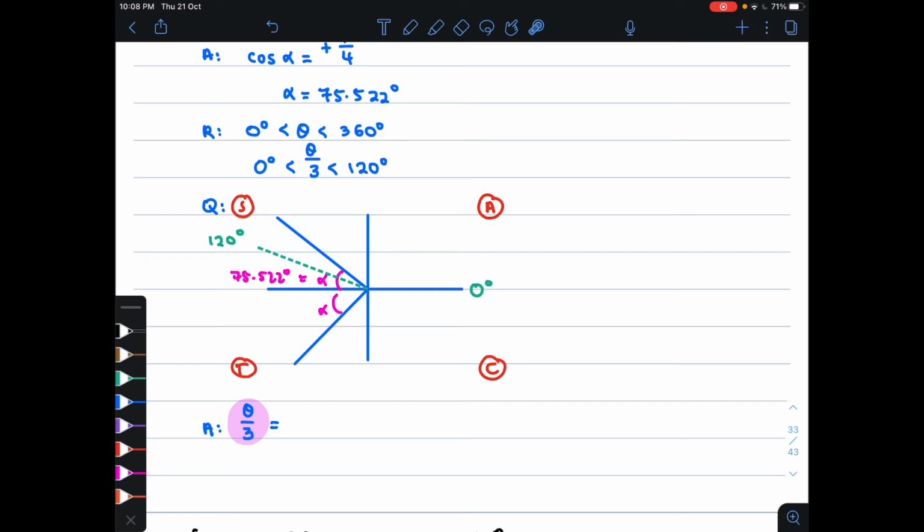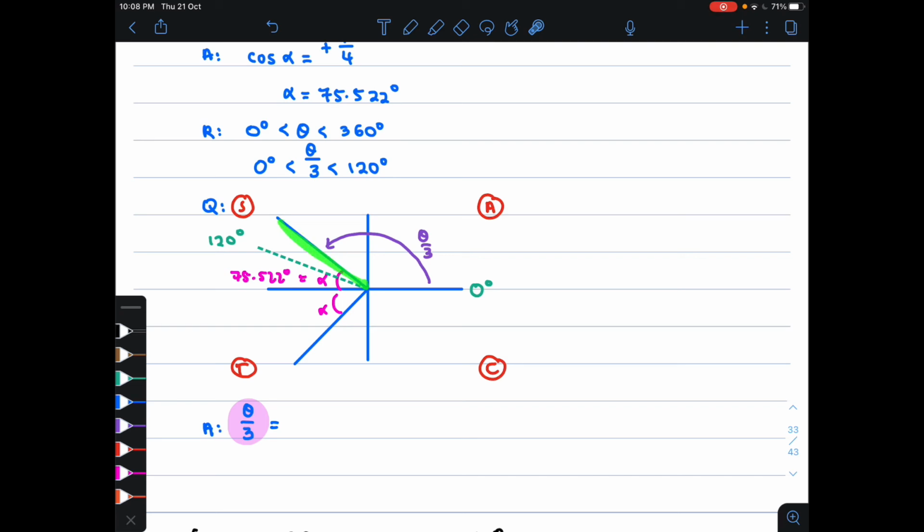So this means that it should be anti-clockwise until it reaches 120 degrees only. So starting from 0, it goes up until it reaches the first straight line, which is here. And this is theta over 3.